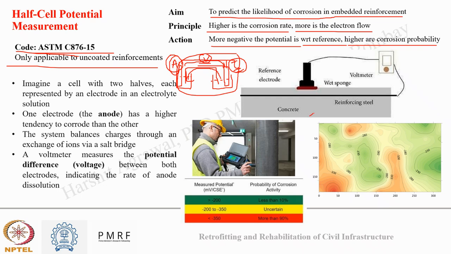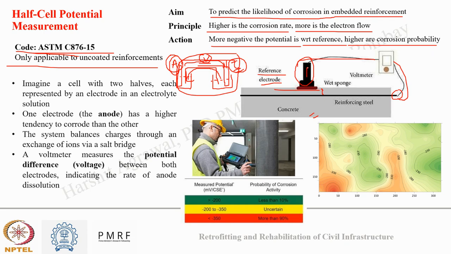In this image you can see this is my reference electrode. It can be a copper sulfate, or AgCl silver chloride electrode, or calomel electrode. So there are different kinds of reference electrodes. The aim of the reference electrode is that it should be stable and its potential should not change. Now when this reference electrode is placed over the concrete, connected with one end of the voltmeter, and the other end of the voltmeter is connected to the reinforcement, my concrete will act as an electrolyte.